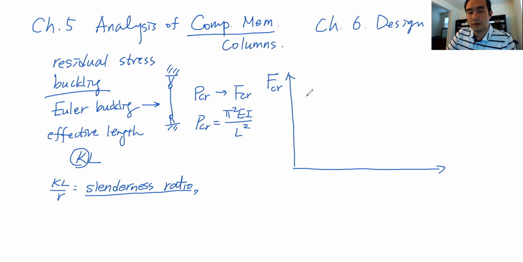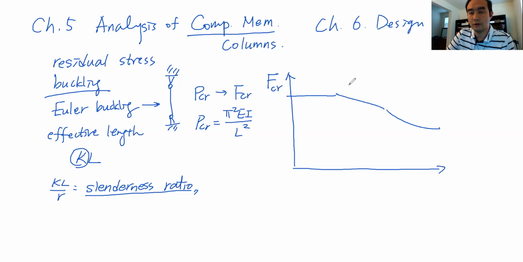Initially, the yielding limit state governs the critical force, because the slenderness ratio is small enough, so it is going to be kind of constant. After that, it is a linear function.